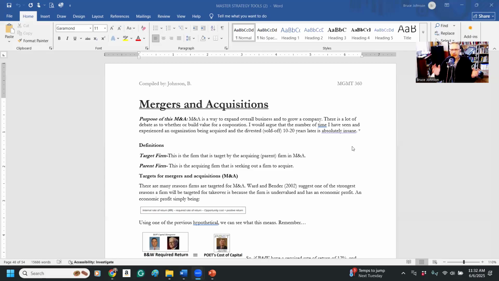There might be other advantages for the parent firm, but if they can't make the parent plus the target worth more than they are separate, then you shouldn't go through with the merger or acquisition. So in about 50 to 80% of the time, mergers and acquisitions seem to fail to create that added value.